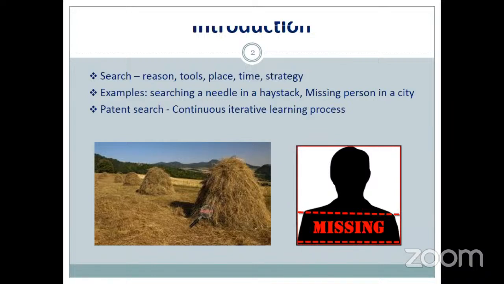And how can we do this searching? I have given two example pictures, and I want the participants to answer. The first photograph is the example of searching for a needle in a haystack. There is a haystack and you have to search for a needle. How can you do a search?